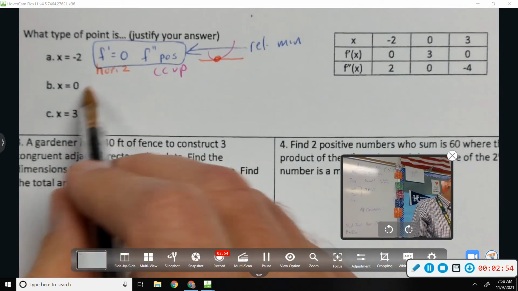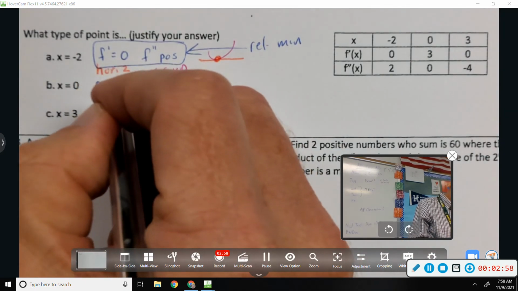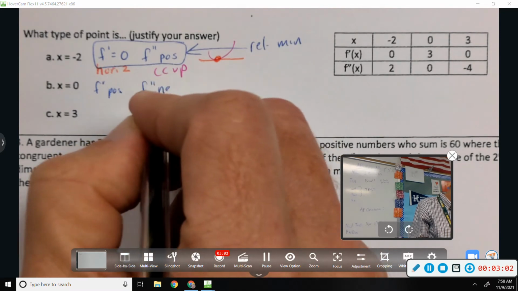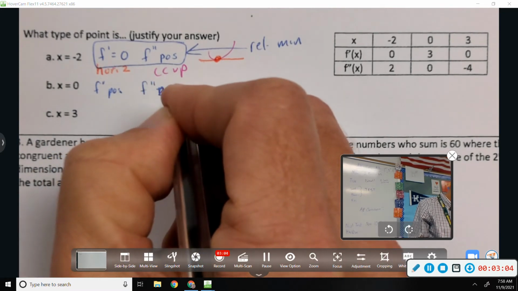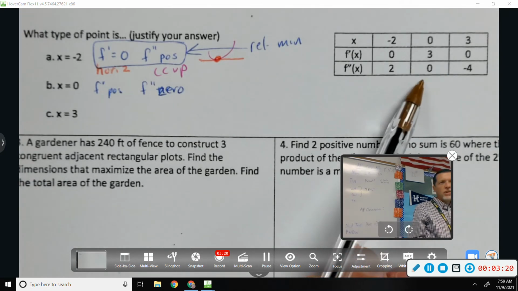At x equals 0, f prime is positive, f double prime is 0. What does that mean? This one's tricky. I don't know that it's a point of inflection, because I don't know if it changes signs at 0.